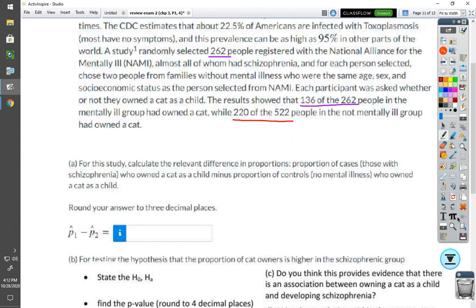So the question comes down to, what's P1 minus P2? Well, that means 136 out of 262, that's my first statistic, minus 220 out of 522. Now, I highly recommend that you stop, take a minute, and read that question thoroughly. But we also covered that one in class. 0.098.